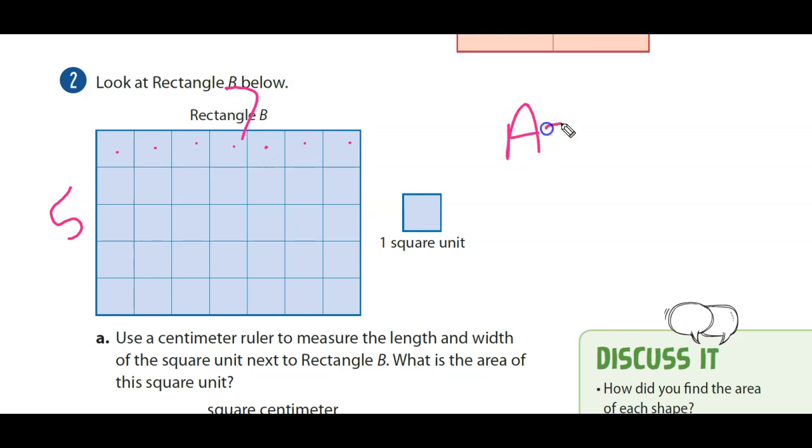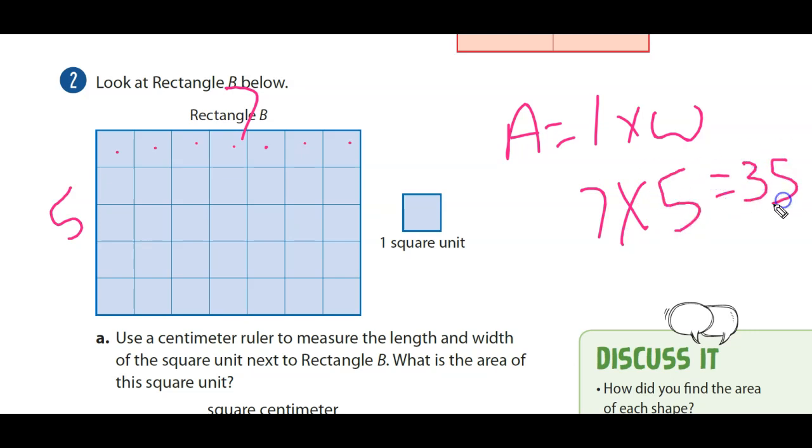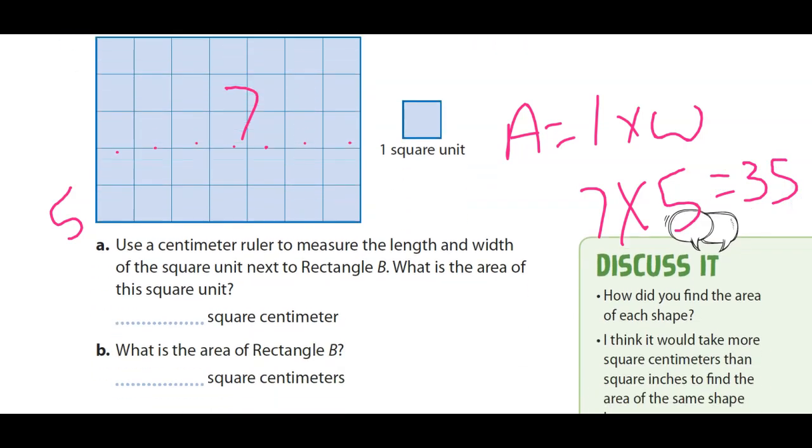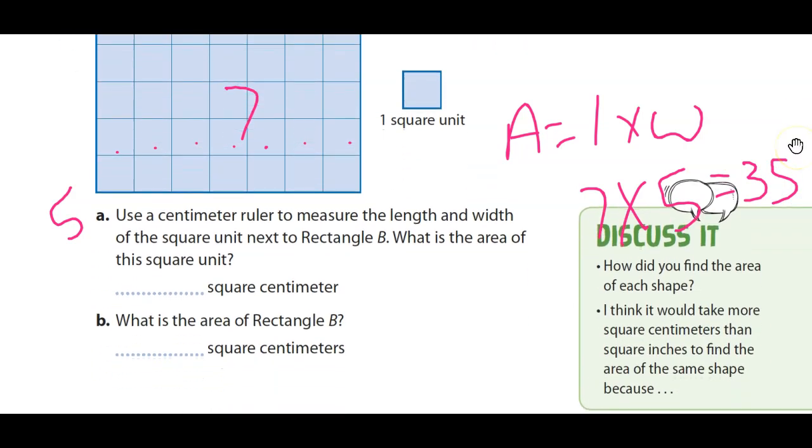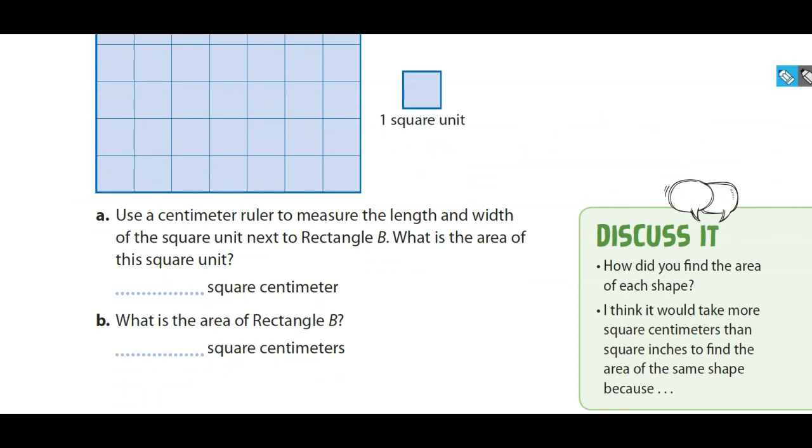So if I put it in my length times width, the area, I have 7 times what? 5, which is 35. So the area for the rectangle B would be 35 square centimeters in this case. Just by counting all the squares or length times width.